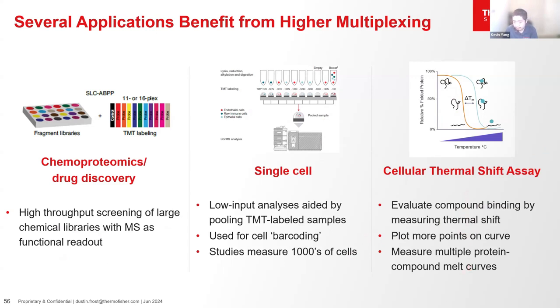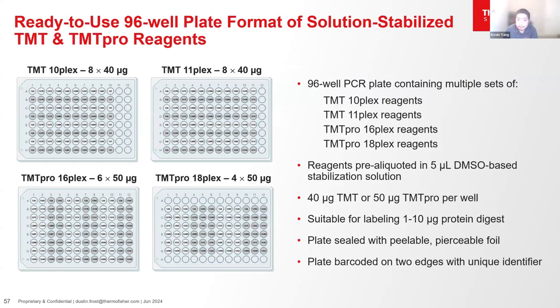If you're interested in doing TMT, we have different formats of reagents that you can purchase. And I really recommend getting this platform if you don't have a lot of samples to run. We've seen people reformat the bulk reagent from the glass vial into 96-well plates to label more sample sets for future studies.